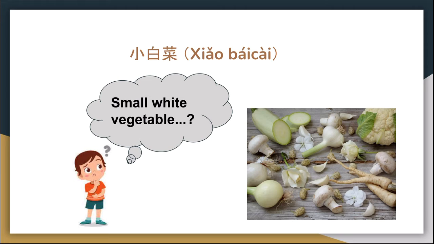I will show you a word, 小白菜. We can directly translate these characters and understand 小白菜 as small white vegetable.